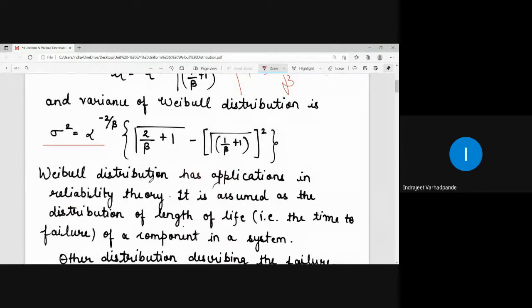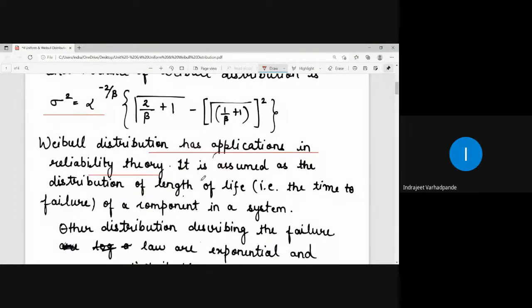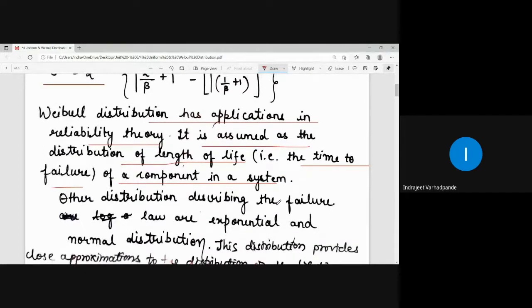So Weibull distribution has applications in reliability theory. It is assumed as the distribution of length of life, that is the time to failure of a component in a system. Shelf life or length of life is to be calculated with the help of this distribution, and therefore it has applications in reliability theory.